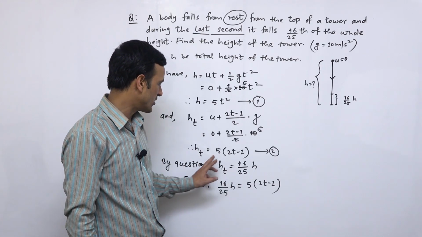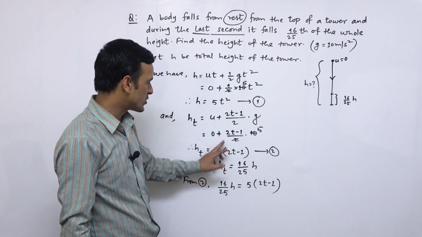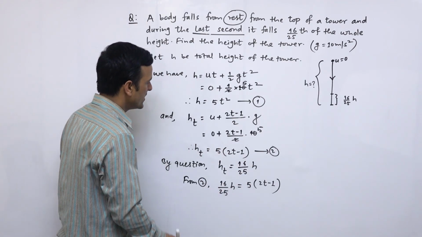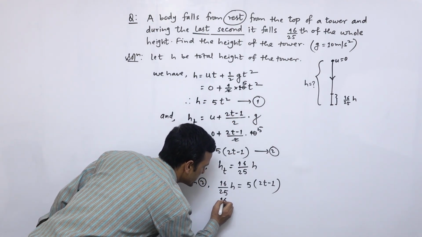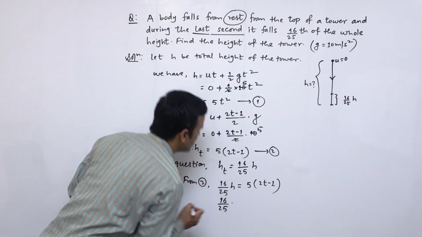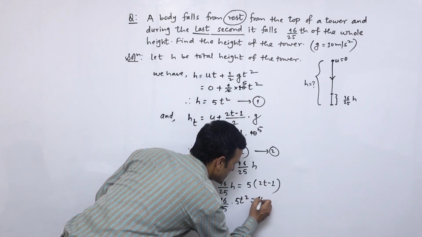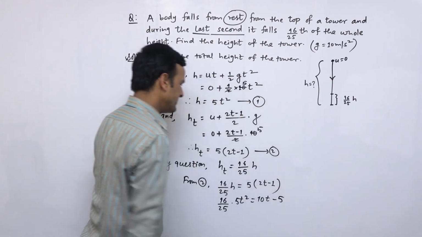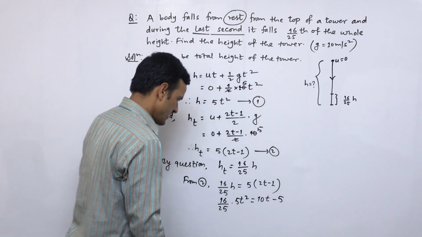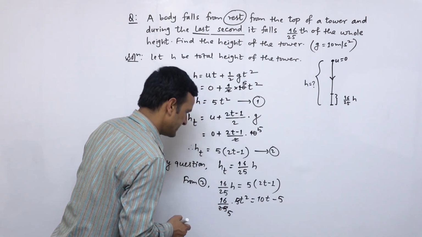HT means this one, 16 by 25 H is equal to 5 times (2t minus 1). So if you put the value of H over here, then we get 16/25 times 5t square is equal to 10t minus 5. 5 times 1 means 5, 5 times 2 is 10. So 5 and 25, it will be 5.